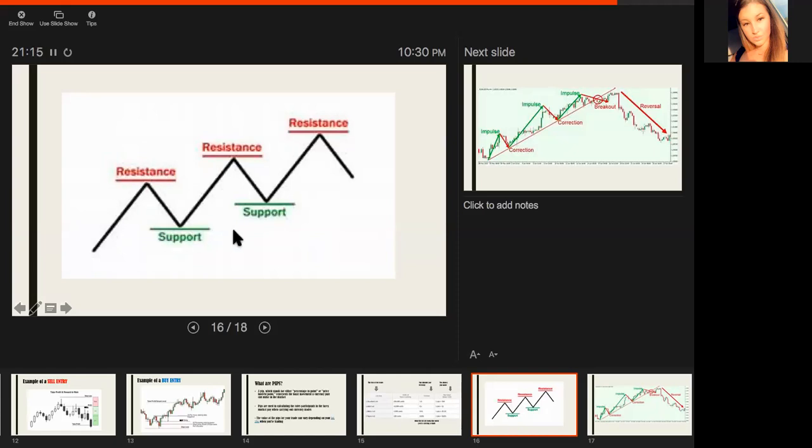Support and resistance are price levels where price is rejecting off that area. You'll see price going up to this area, bouncing off, and going back down to test this area. A resistance acts like a ceiling. We go up and reject this ceiling, and then 9 times out of 10, we go down and bounce off another support, which acts like a floor for the trade.